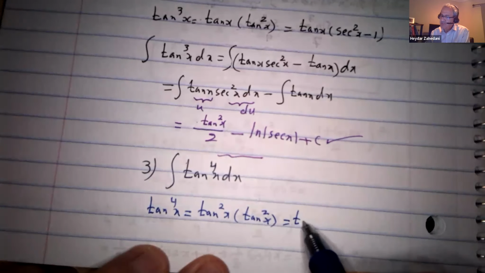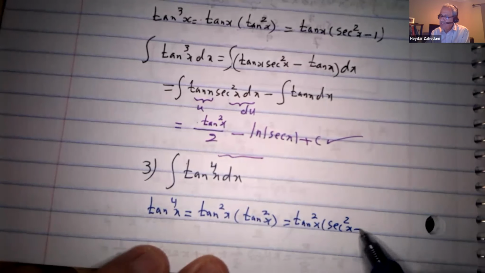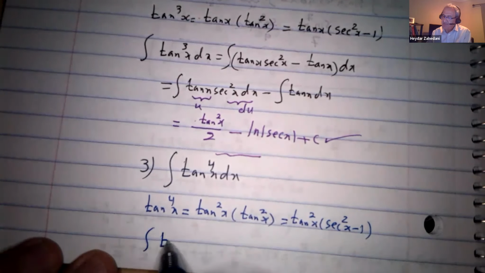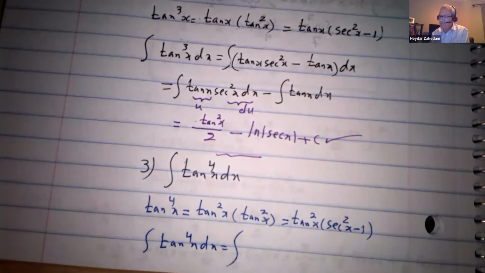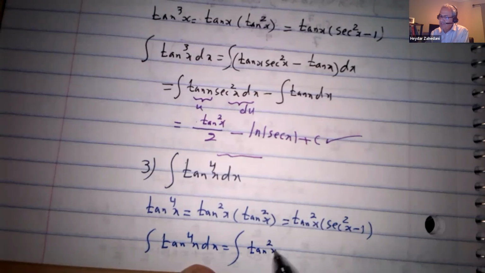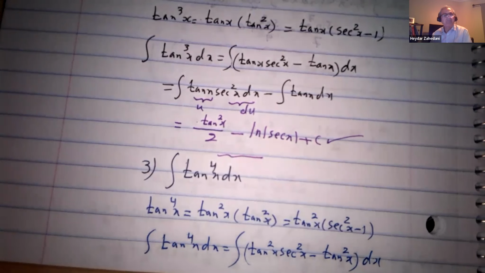So it's going to be tangent square of x, and this is going to be secant square of x minus 1. Now, if you distribute it, you can do it right away. So it's going to be the integral of, you distribute this one, tangent square of x secant square of x minus tangent square of x, all dx.